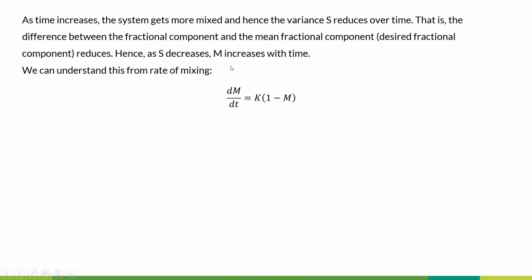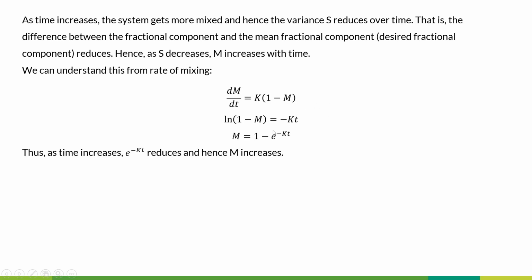So when you integrate this equation, you get ln, that is natural logarithm of 1 minus M, equal to minus kt. And please note that for a particular kind of system, let's say for certain components A and B, your k will remain constant irrespective of the time, which is why it is known as the mixing constant. Your k will remain constant and only your M and t will keep varying.